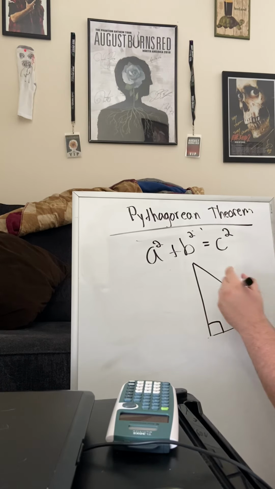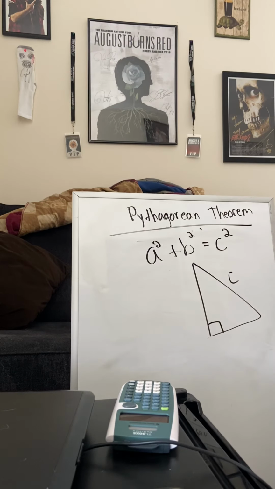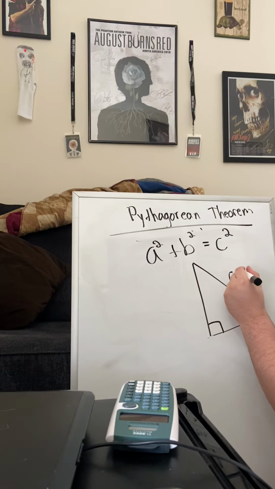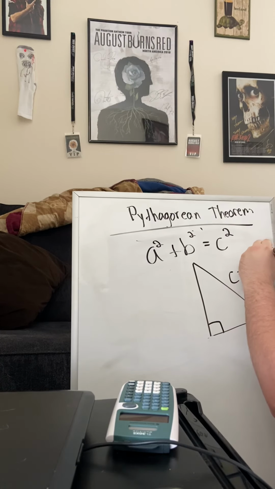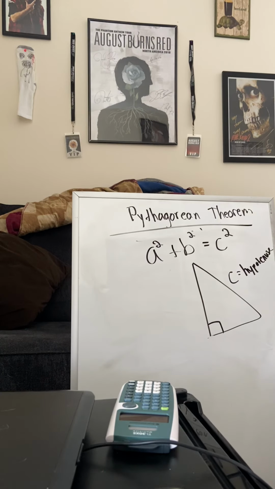The side opposite from it is my c, okay? c is also known as my hypotenuse. The hypotenuse is always the longest side, okay? Now, this side is c, this can be a, and this can be b. It doesn't matter, either or. They're called the legs, okay? What's really important is that you get the c correct, okay?